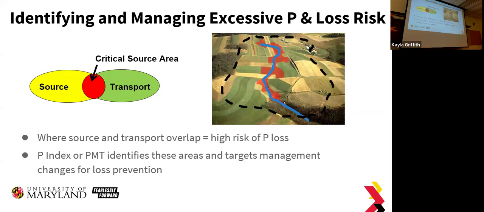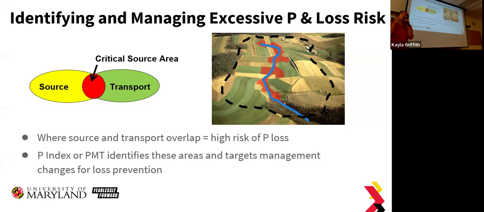And that is the premise behind a p-index, PMT, that's what we call it here in Maryland, right? Is using this principle of sources of phosphorus and transport pathways of phosphorus overlapping into what we call critical source areas, all right? So we are trying to figure out with a p-index, with a PMT, where those critical sources are. Where do we have the source and where do we have the transport of phosphorus?